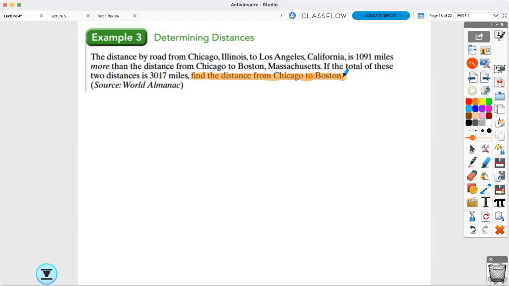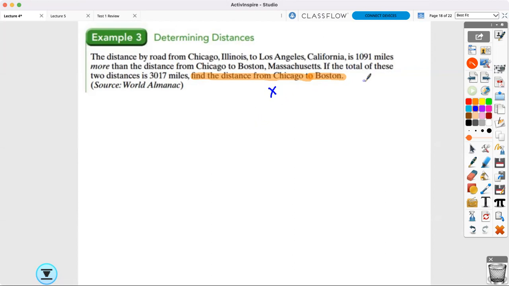That's our end term. So remember in step one, one of the options is to label an unknown variable. Well, guess what? The distance from Chicago to Boston, guys, that's going to be our X, right? The distance from Chicago to Boston is going to be X.